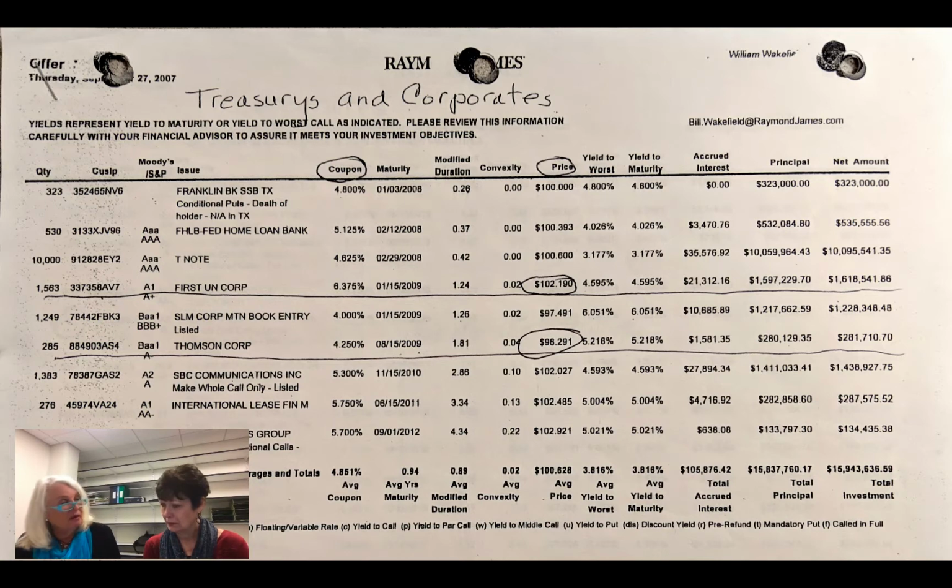So we're going to buy 10 of those. 10,000 theoretically times 6.375 is going to give us how much in a year? $637.50 in a year. Okay. And bonds pay semi-annually. So twice a year, so you get half of that twice a year, and they pay on January 15 and July 15 because this matures on that date.